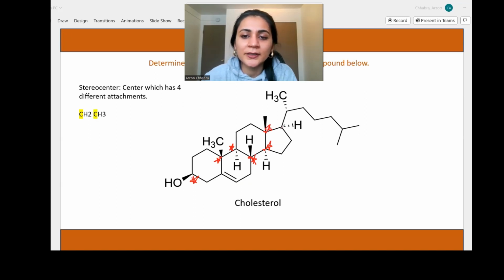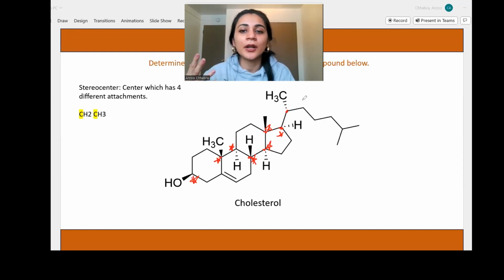And then how about this one? I'm going to go over it really quickly now. So first attachment, second attachment, and they're different. Third attachment is different. Fourth attachment is different. That would also make it a stereocenter. How about this one, right? Same thing, first attachment and the second attachment, the third attachment is CH3, and the fourth, which is hidden, is not visible.